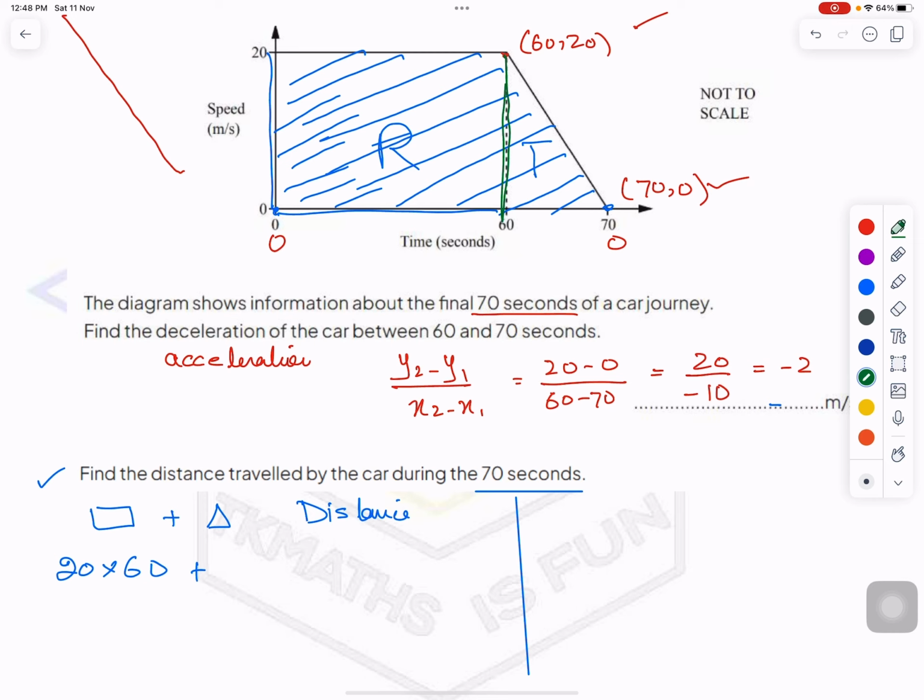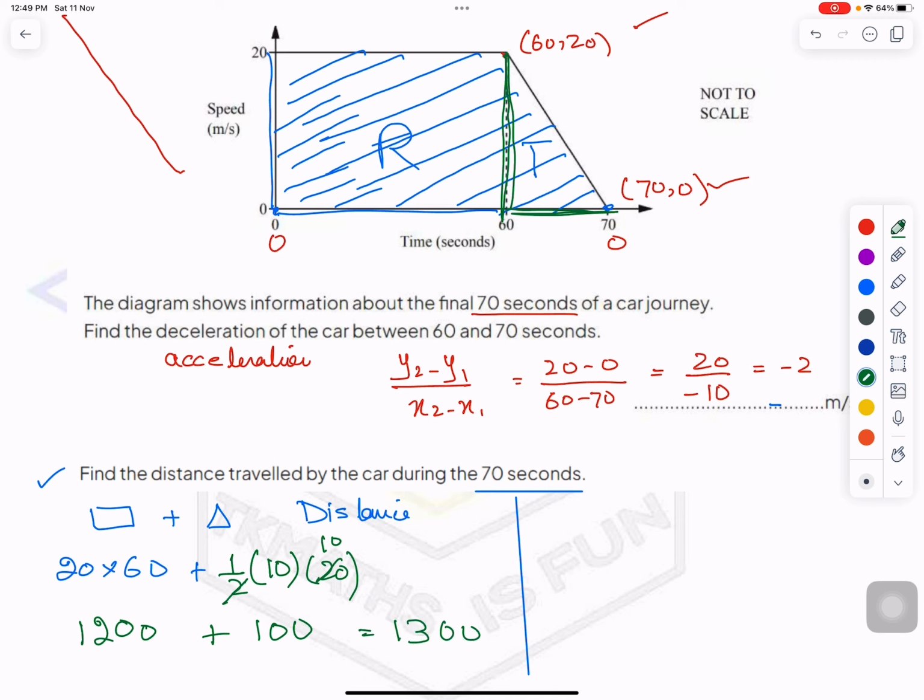This is 20, and this is 10, and it is a right angle triangle, so half into 10 into 20. This will give me the area of rectangle and triangle. So this is equal to 100, and this is 1200. So it is 1300. Because it is saying distance, the unit will be meter.